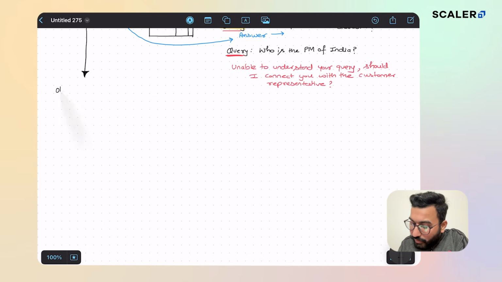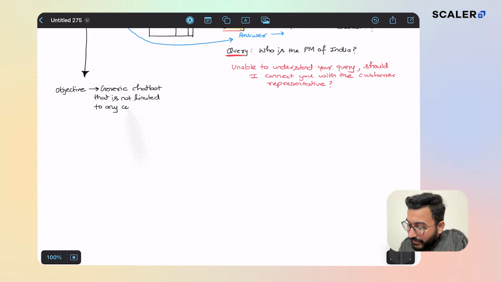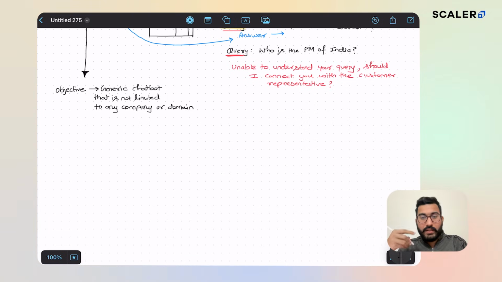The objective was that they wanted to come up with a generic chatbot that is not limited to any company or domain.